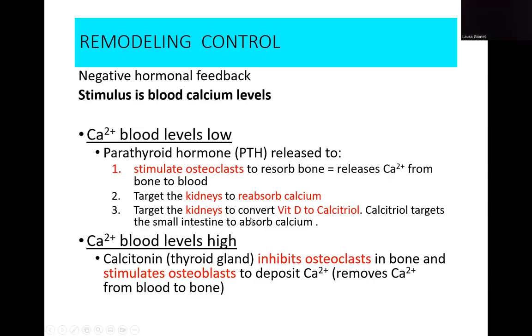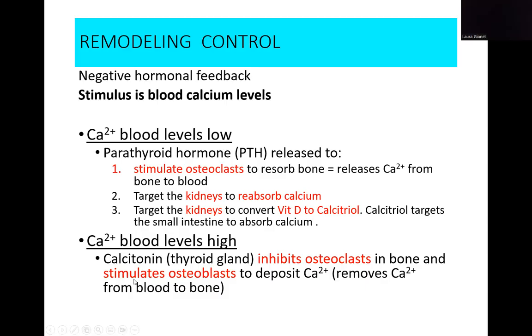And it also, at the kidneys, converts that vitamin D that we talked about in the integumentary system to calcitriol. And we say calcitriol targets the small intestine to absorb calcium. So what ultimately happens? We elevate blood calcium levels, right? So we start with low blood calcium levels. We use parathyroid hormone via these ways, right? And we ultimately end with elevated blood calcium levels.